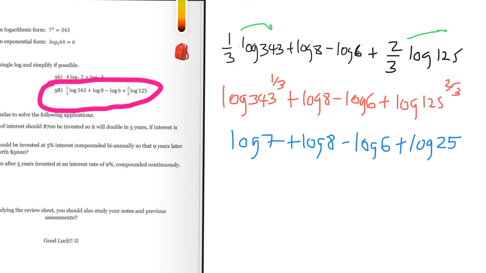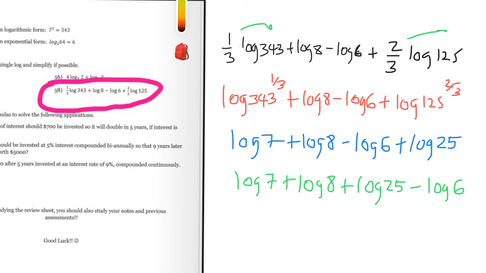In fact, I'm going to rewrite this in a way that, in my opinion, will be less confusing. What you might want to try to do is just get all the additions first. This is not really necessary, but you might want to get all the positive logs first, just to organize it at a higher level, and to recognize that since it's addition according to the properties of logarithms, we're going to be multiplying the 7 times the 8 and the 25, and then this 6 is going to be in the denominator.